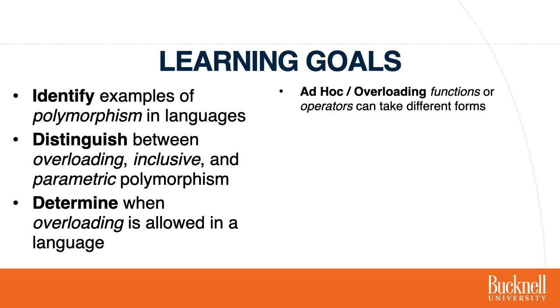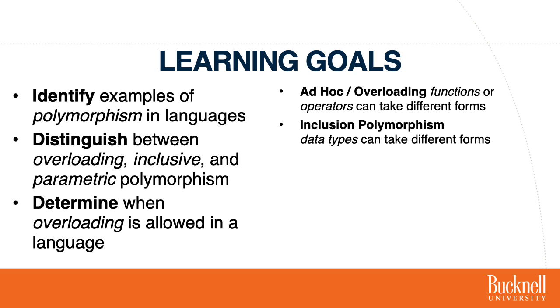To sum up, ad hoc polymorphism, also known as overloading, allows functions or operators to take different forms by having multiple definitions for the function or operator. Inclusive polymorphism allows data types to take different forms, and this can be implemented in a number of ways, such as a subtype or child class being treated as the same as the parent type or class.